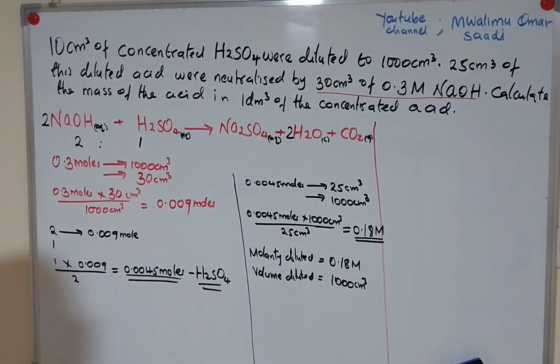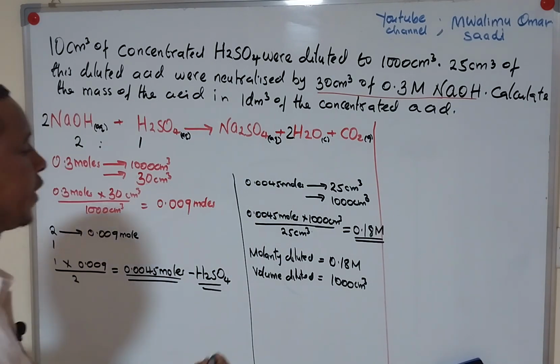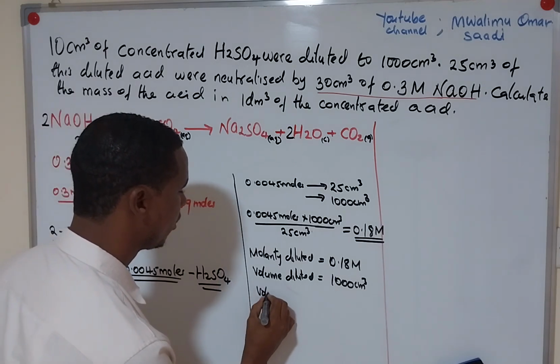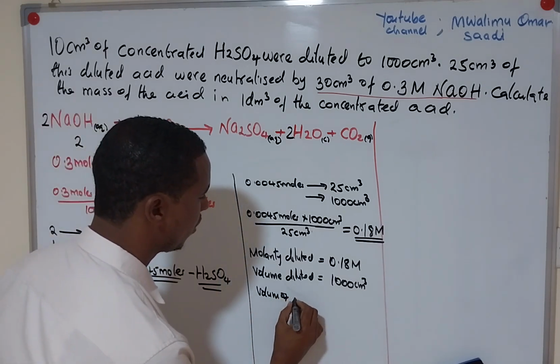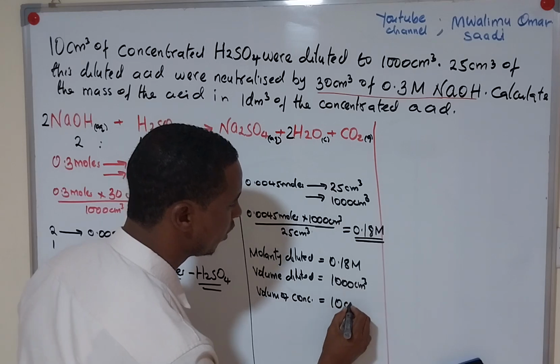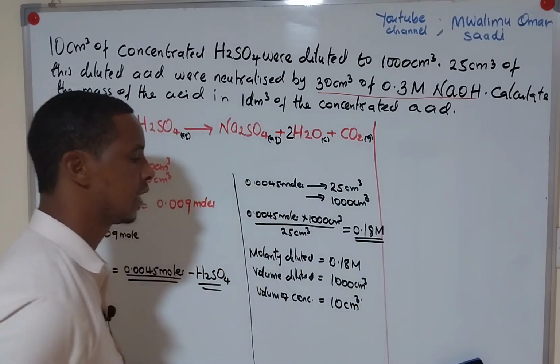And then the volume of the concentrated sulfuric acid is equal to 10 cm³.